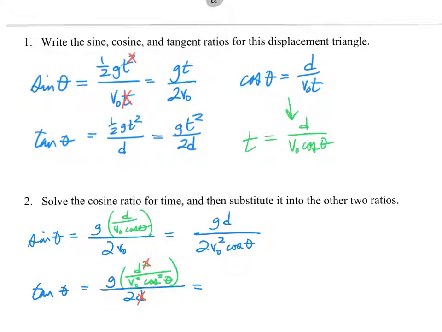And you would have gd over 2 tangent theta cosine squared theta. And tangent is sine over cosine. So that means you could simplify this one step further. 2 sine theta cosine theta.